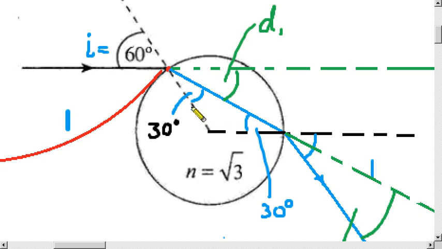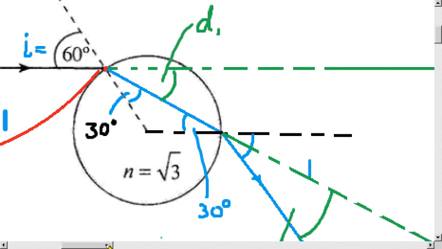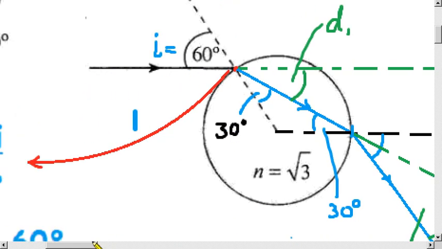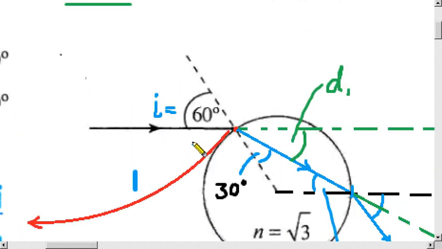Then what is happening here, at angle 30 degrees this refracted ray falls on this surface, so it must leave at 60 degrees, because at first it was falling on this surface at an angle 60 degrees, and the refracted angle was 30.